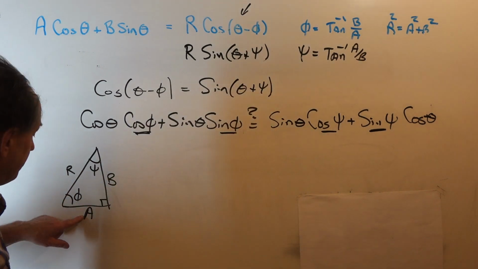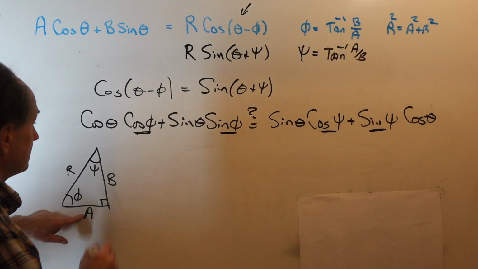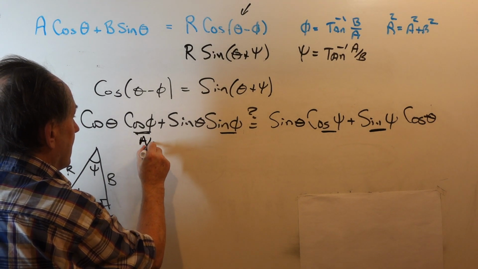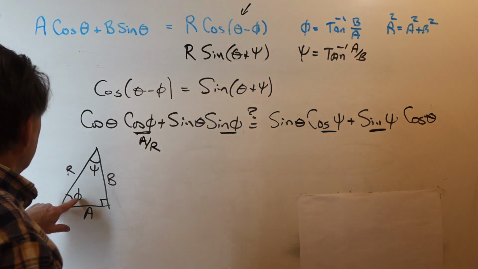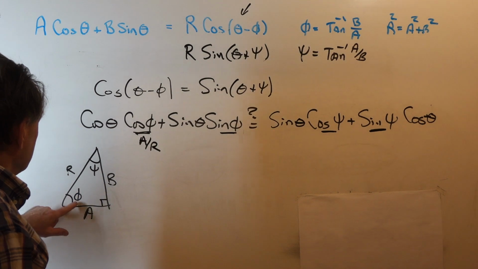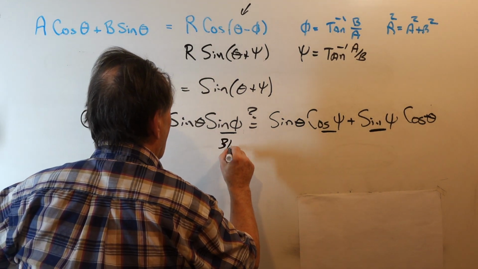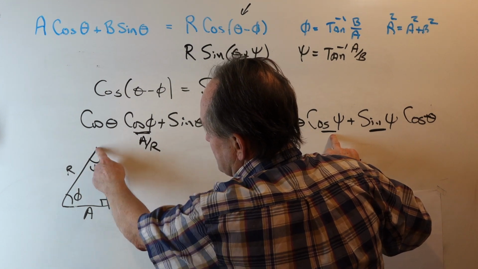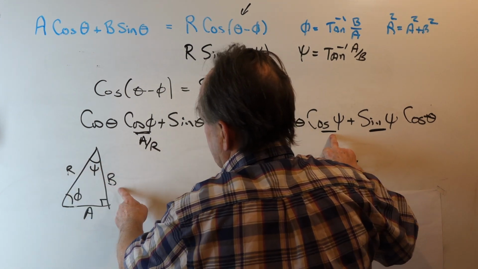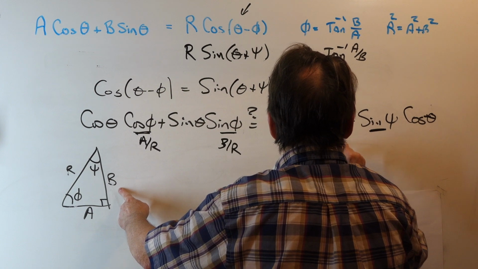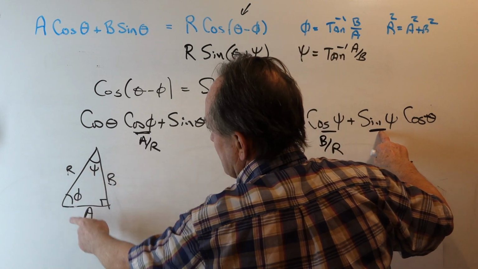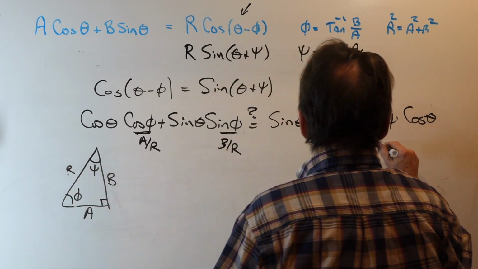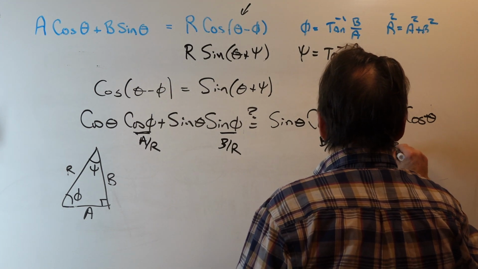The cosine of phi is adjacent over hypotenuse, or A over R. How about the sine of phi? Opposite over hypotenuse, or B over R. How about for the cosine of psi? Well, the cosine of psi is its adjacent side to the hypotenuse, or B over R, and the sine of psi is opposite over hypotenuse, or A over R.